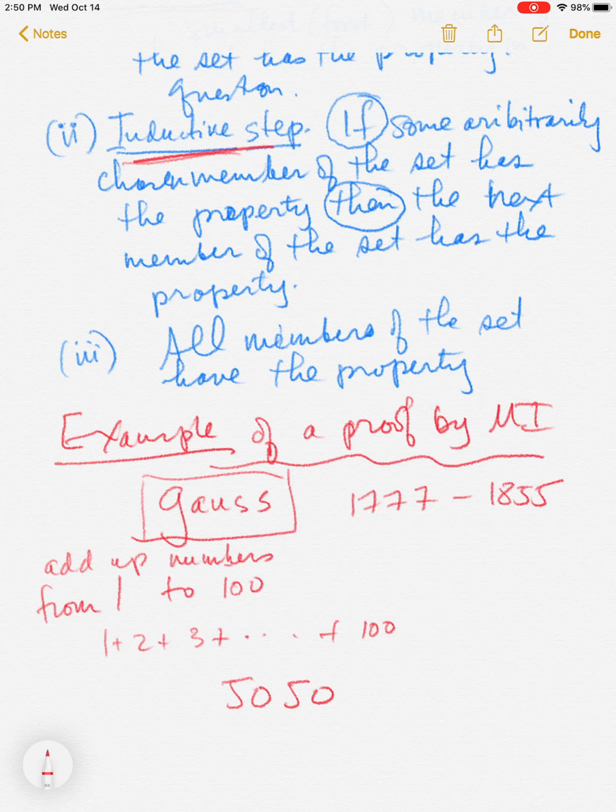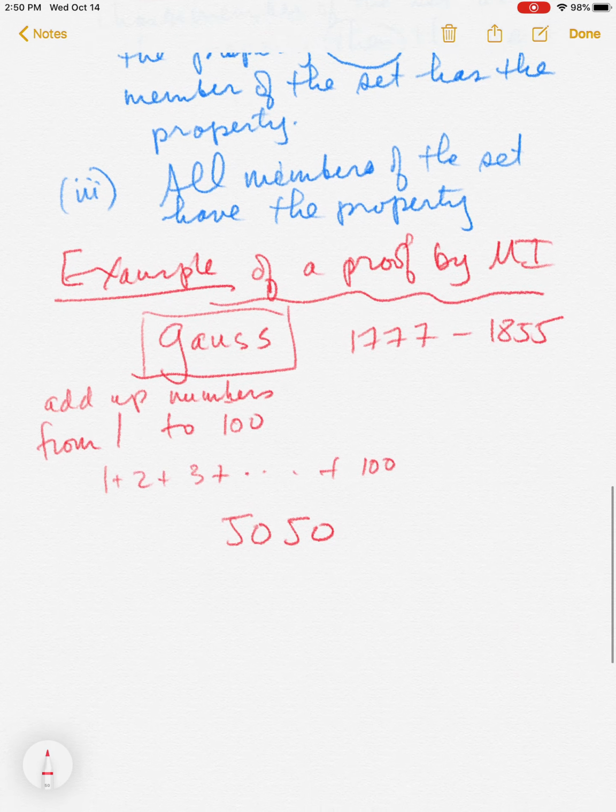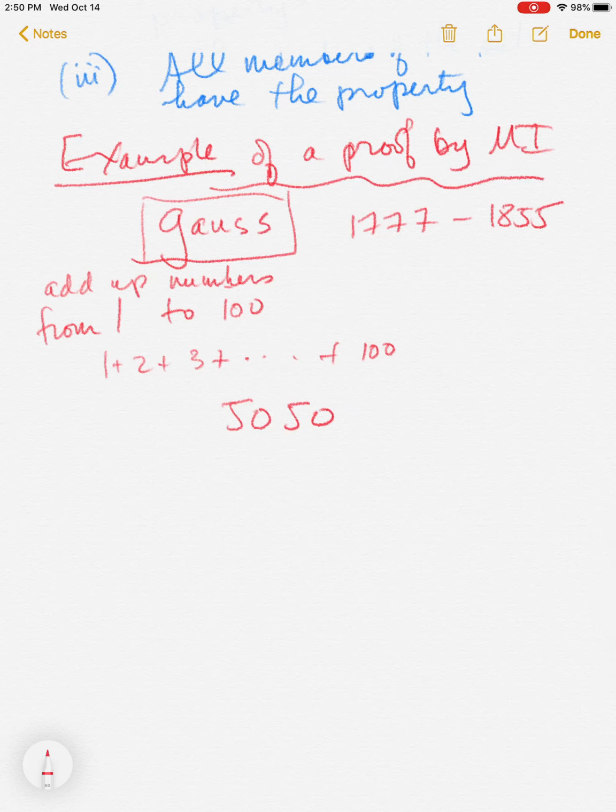Well, how in the world did he do that so quickly? And here's presumably what he did. He noted that if he takes the first one and adds it to the last one, he gets 101, right? And then he takes the second number and adds it to the second to the last one. He gets 101. And then he takes the third one and adds it to the third from the last one, and he gets 101, etc. Well, there are 50 of those, right?